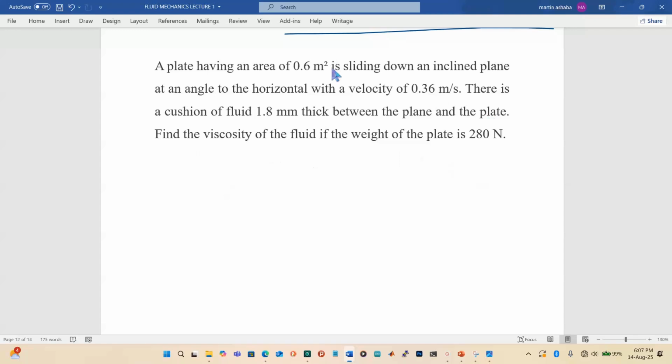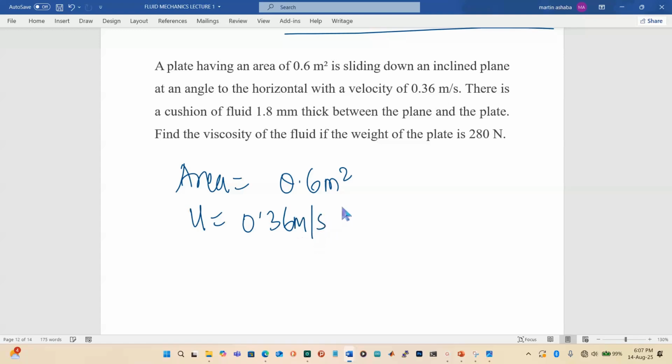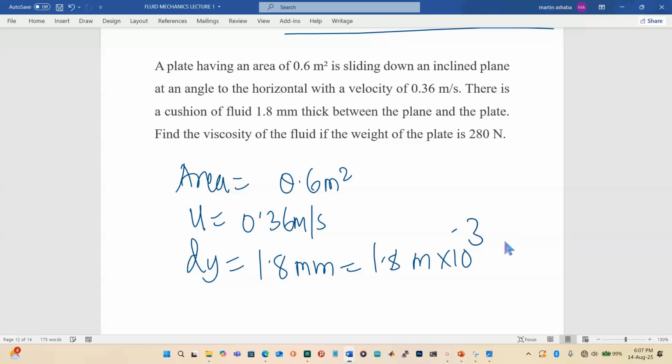So first of all, the plate has an area 0.6 meters squared. Velocity u is 0.36 meters per second. Dy, which is the thickness of the fluid, is 1.8 millimeters, which is 1.8 times 10 power negative 3 meters.